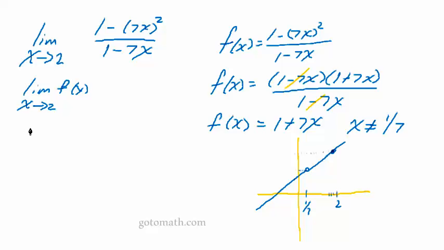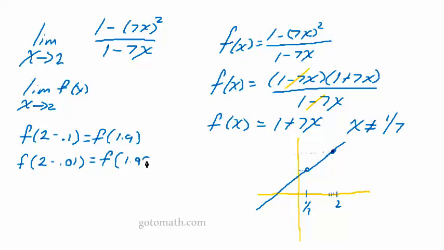Let's take a number close to 2 on the left hand side. We'll subtract off 0.1, which is really f of 1.9. Then we could get a little closer to 2, subtracting 0.01, and that's f of 1.99.